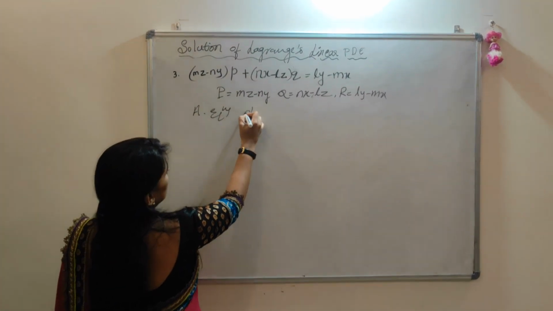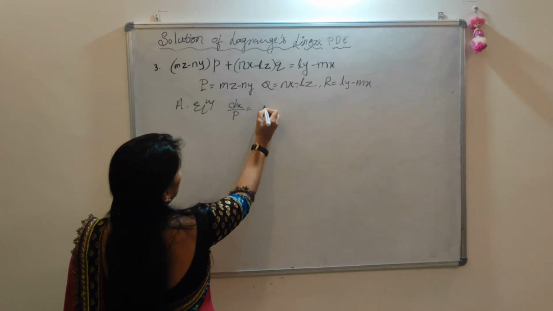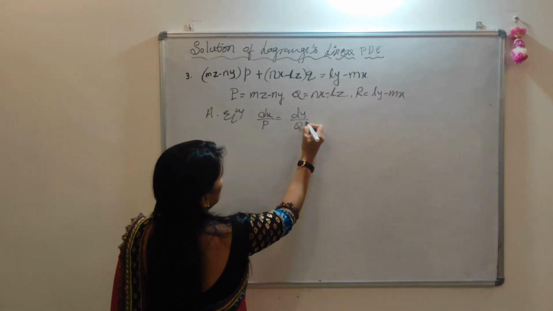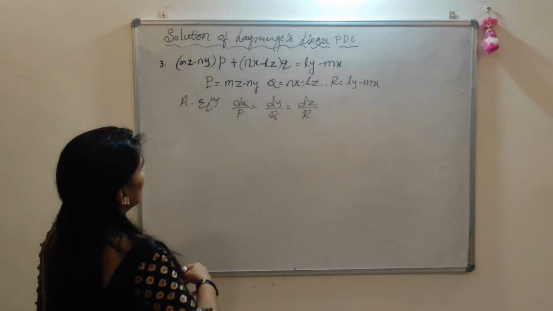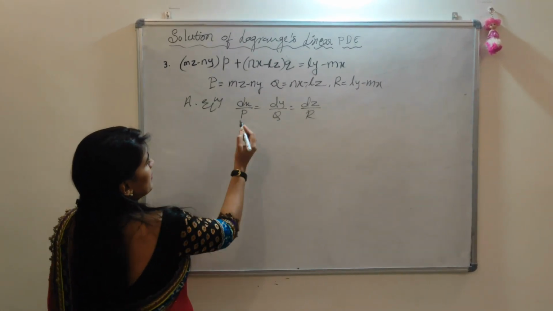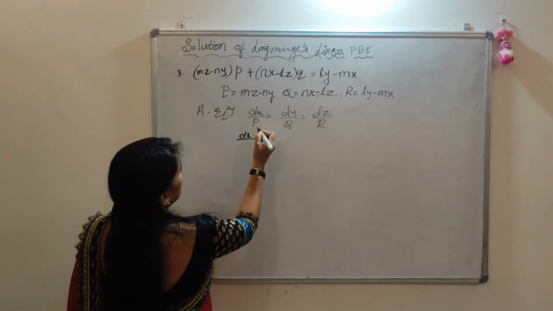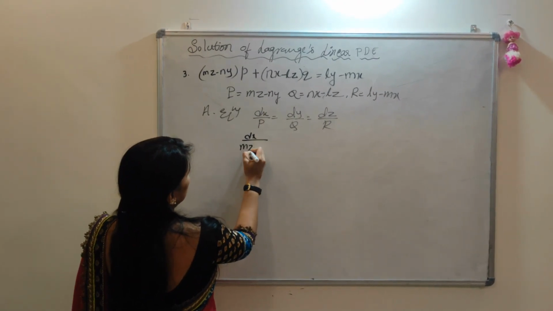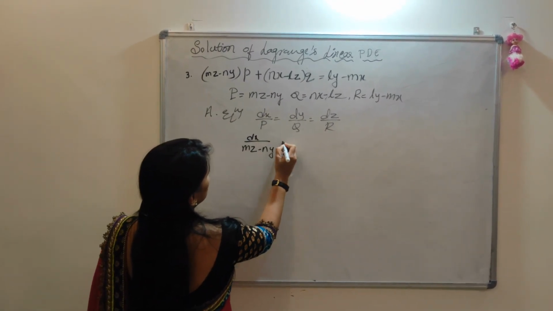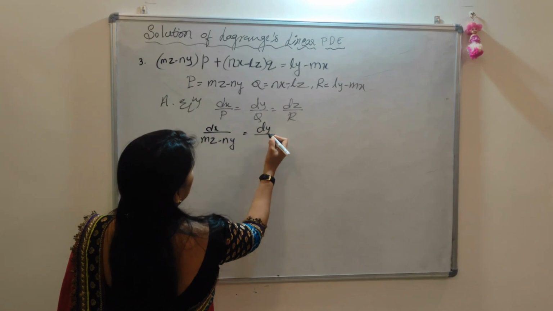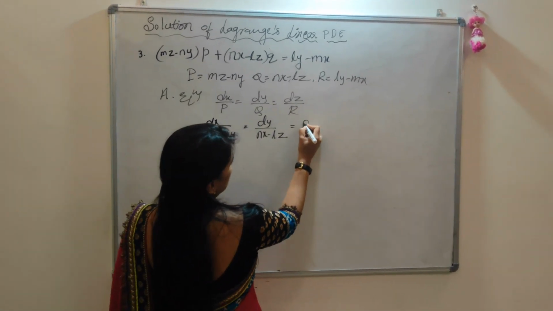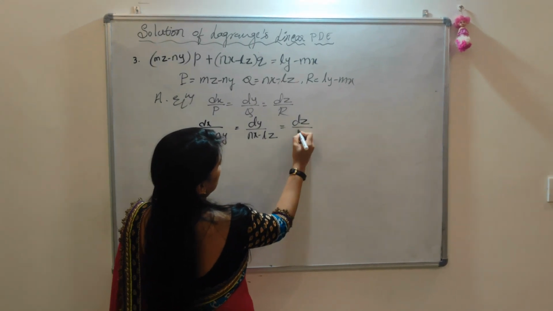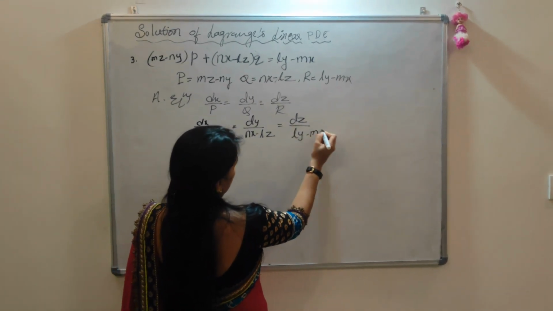Auxiliary equations are dx by P is equal to dy by Q is equal to dz by R. So, dx divided by P, P is mz minus ny, is equal to dy divided by Q, Q is nx minus lz, is equal to dz by R, R is ly minus mx.